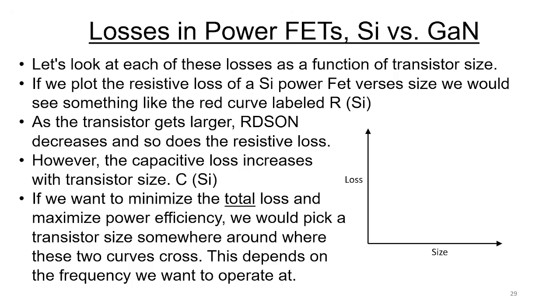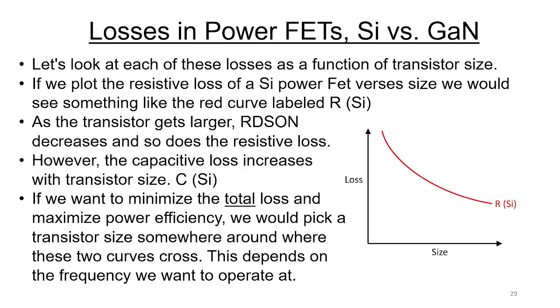So let's look at each of these losses as a function of transistor size. If we plot the resistive loss of a silicon power FET versus size, we would see something like this red curve shown here. As the transistor gets larger, RDS(on) decreases, and so does the resistive loss.